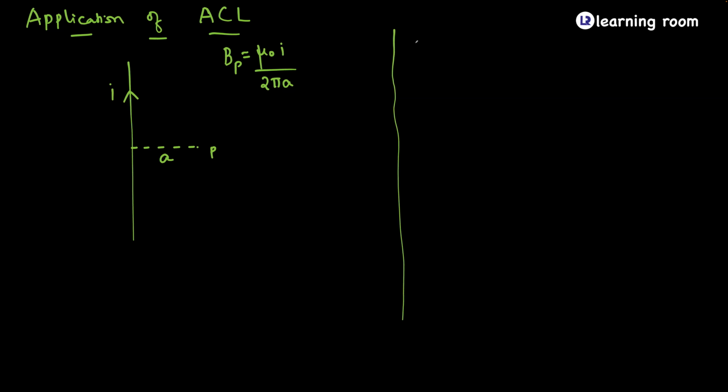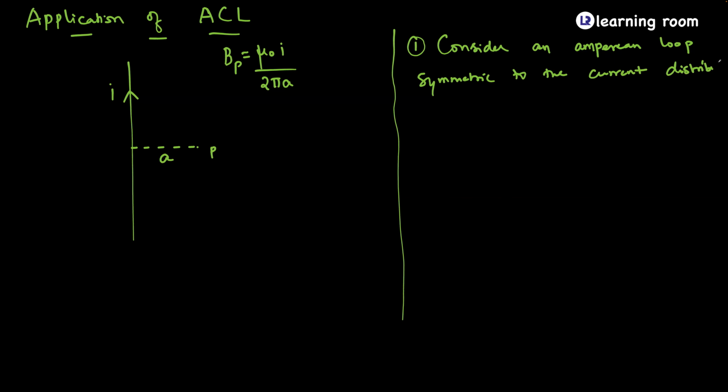For that, after you consider the point and the distance, the first step is to consider an Amperian loop symmetric to the current distribution, and you need to ensure it passes through the point where the field is expected.